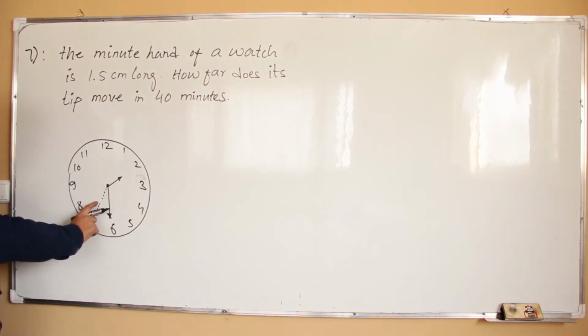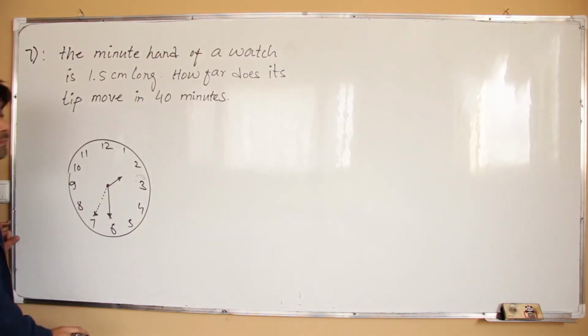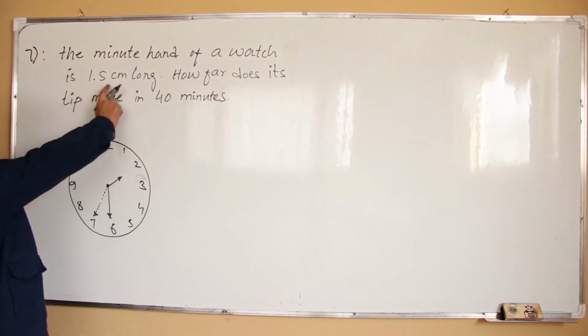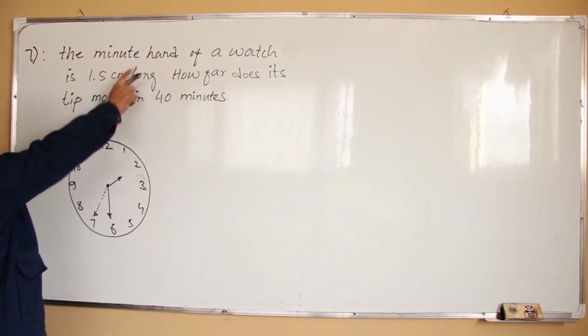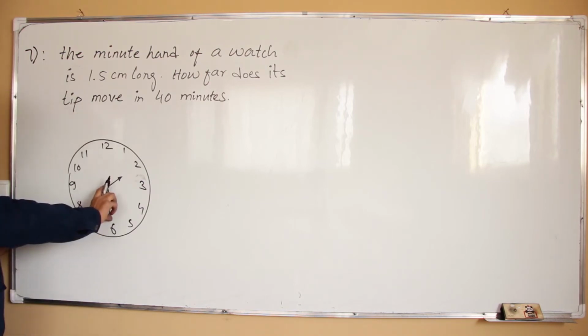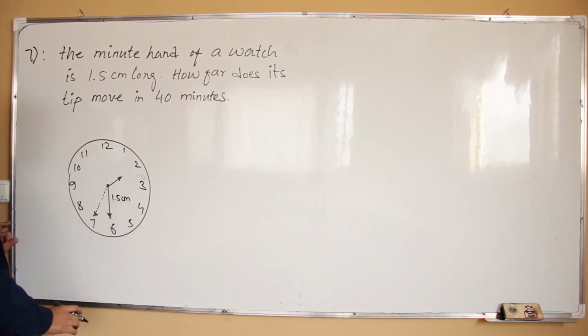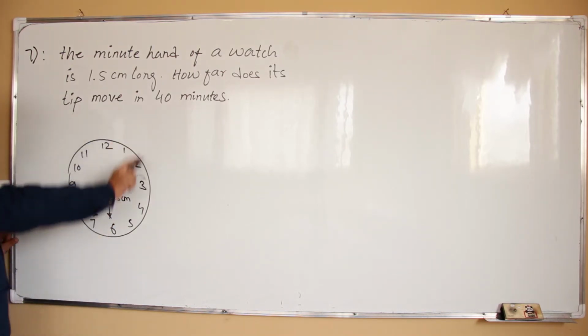We have the hour hand, minute hand, and second hand. The question is that the minute hand is 1.5 centimeters long. How far does the tip move in 40 minutes?